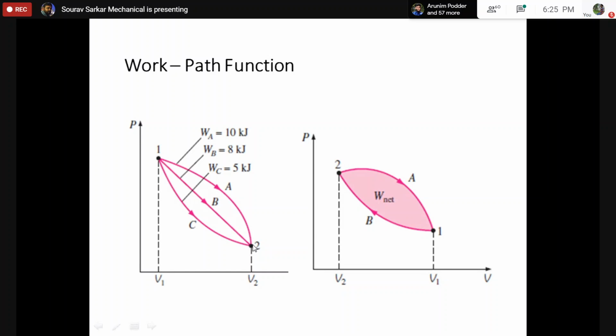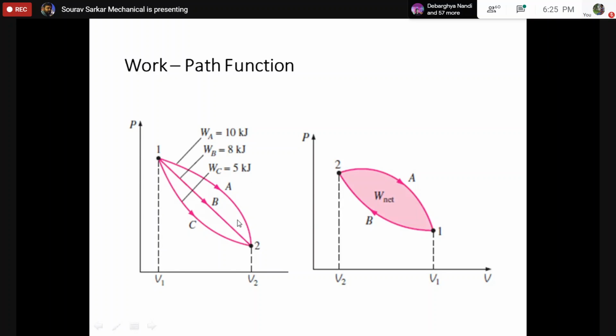How can you reach your university? By moving to Ajaynagar, from Ajaynagar taking an auto to Shukanto Setu, and from there you can reach your university gate number 2. So this is one path. In this path, the area under the diagram is the work done for this path, which is written as 10 kilojoule.